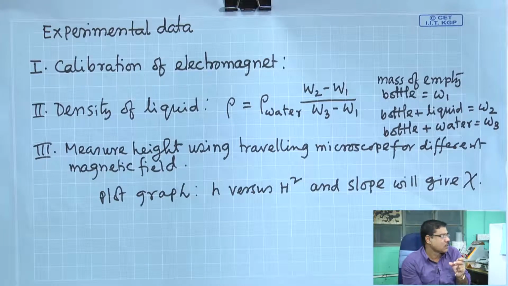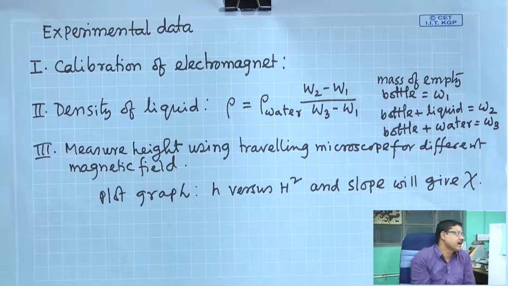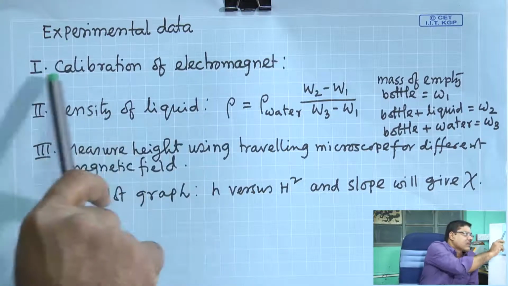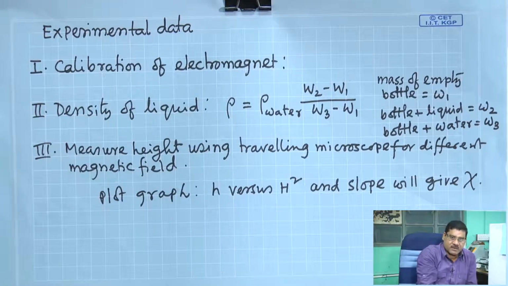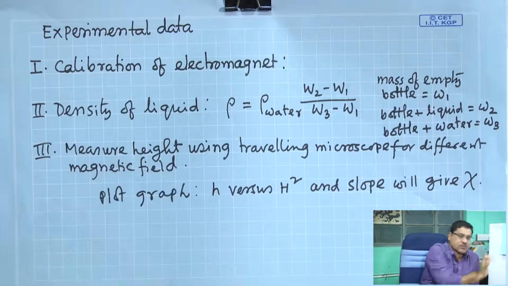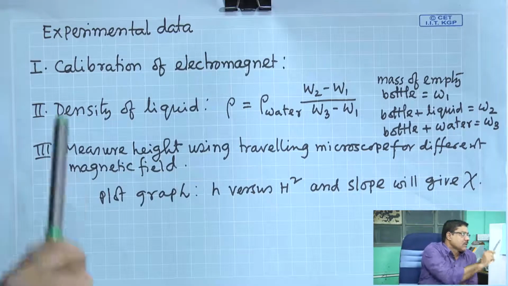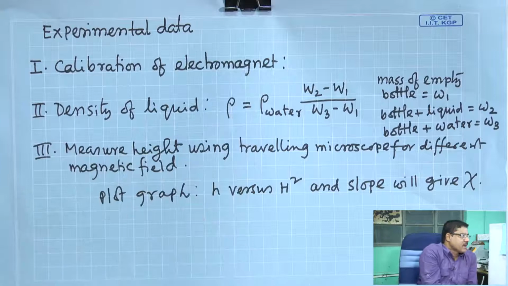First we have to calibrate the electromagnet using the Gauss meter and Hall probe. That is the calibration of the electromagnet.